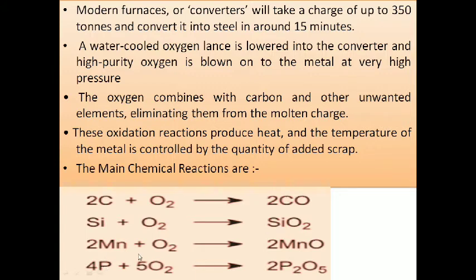Then 2Mn plus O2 forms manganese oxide, MnO. And finally phosphorus reacts with oxygen, 5 moles of oxygen, giving phosphorus pentoxide, which is eliminated from the molten charge when oxygen combines with these types of elements.